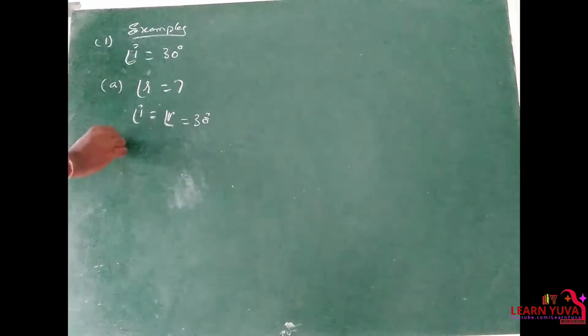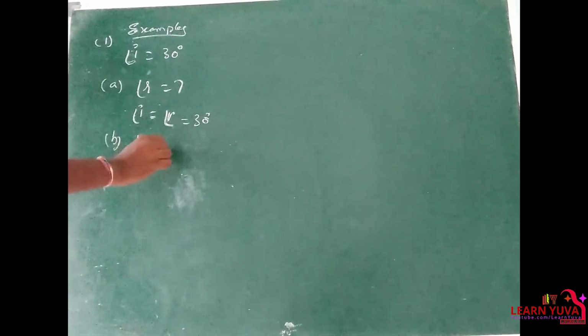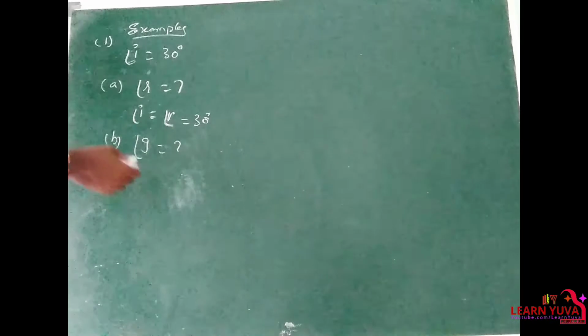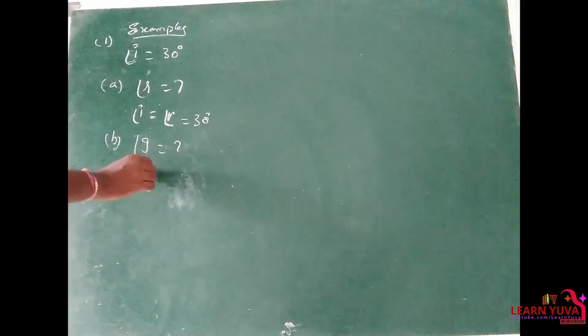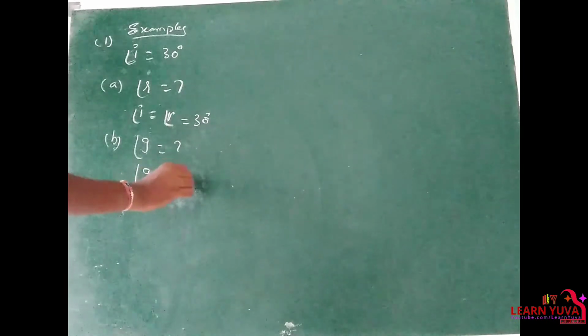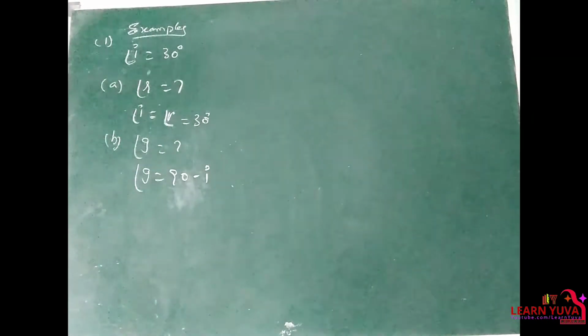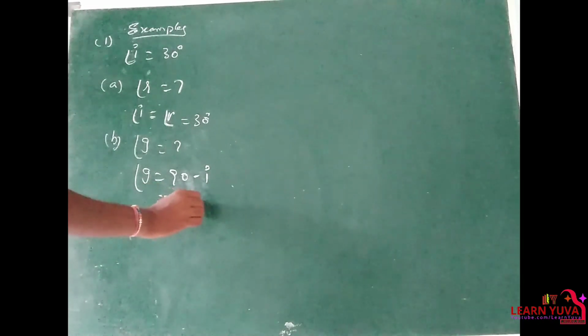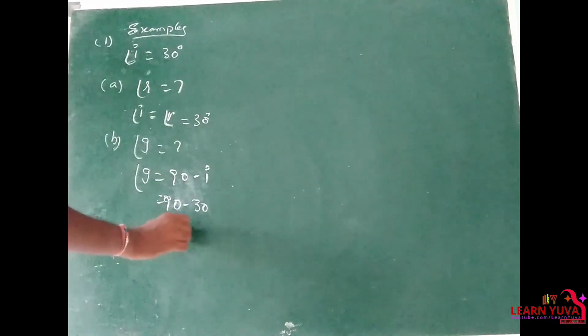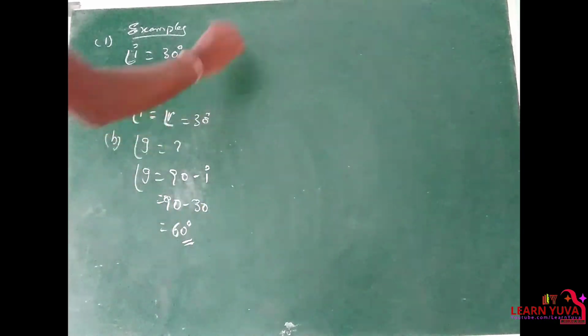Second one, angle of glancing, which is equal to 90 minus I or 90 minus R. So 90 minus the value of I, which is 30, so glancing angle is equal to 60 degrees.